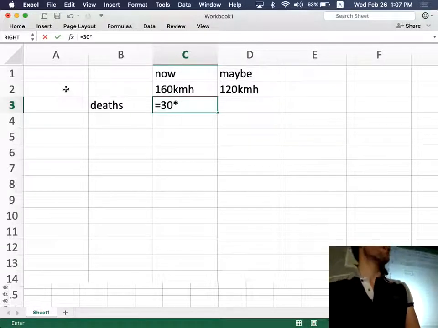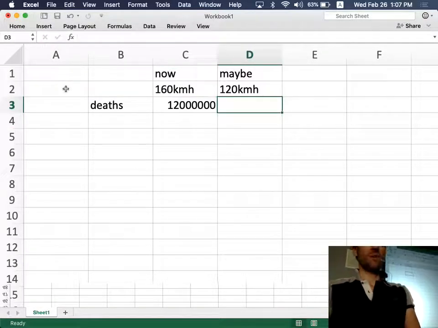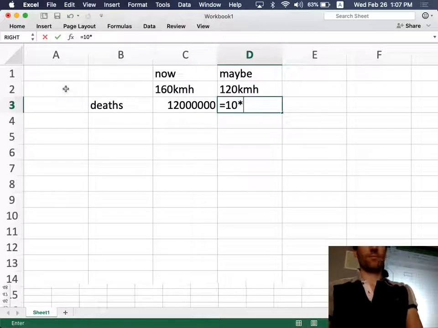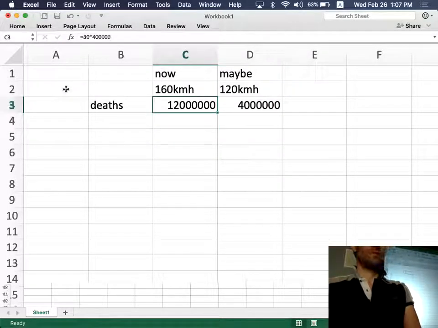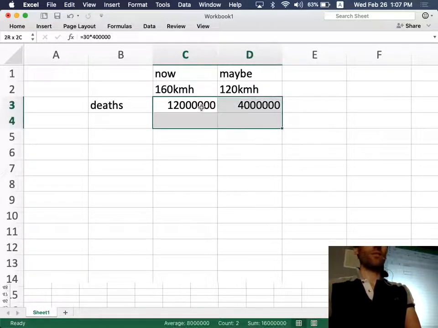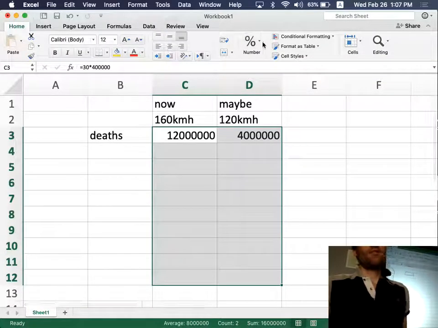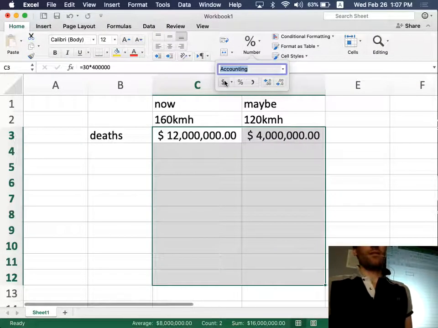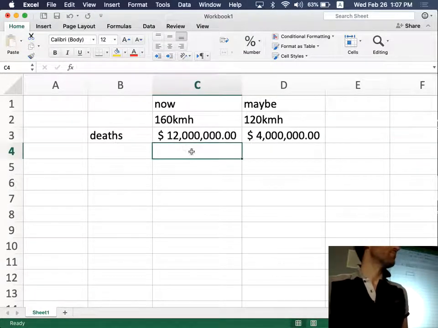So 30 multiplied by what? Sounds good? And here is going to be 4 million. I'm going to be nice, and since all of this is going to be money, I'm going to put nice formatting like this. It should be AED, but I will leave dollars, okay?